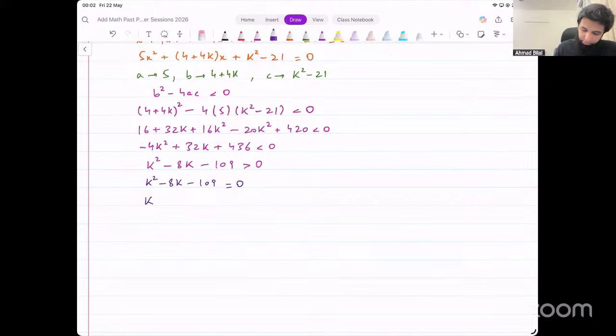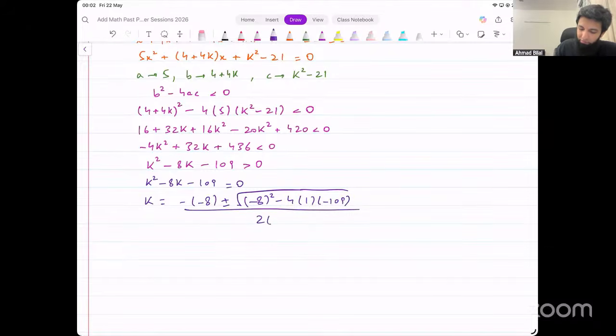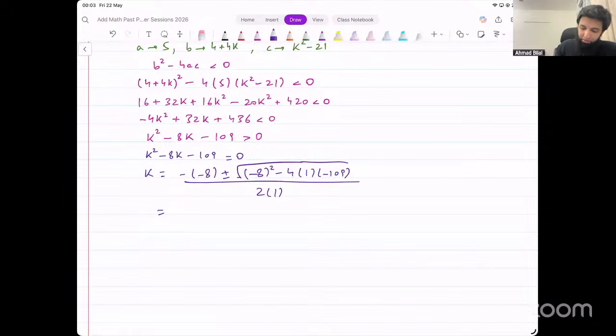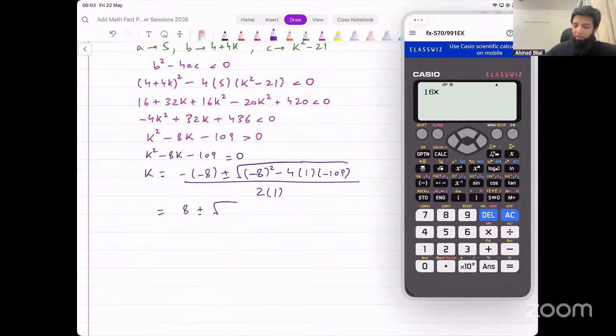It's not solvable by factorizing, right? Okay. Minus minus 8, plus minus square root of minus 8 whole squared minus 4 into 1 into minus 109, divided by 2 times 1. Simplify this, you should leave it in exact form. That's better. 8 plus minus square root of, put this on your calculator, 64 plus 4 into 109.